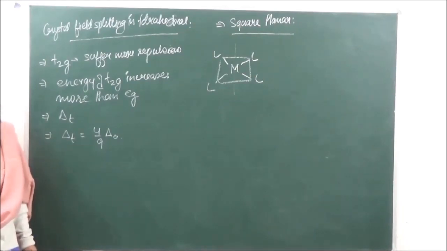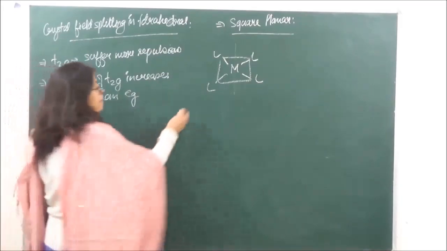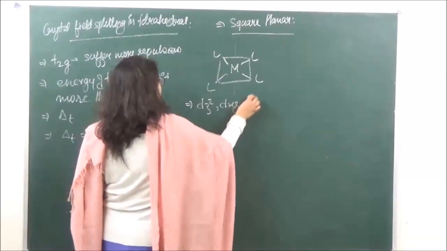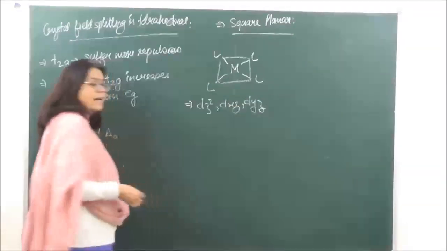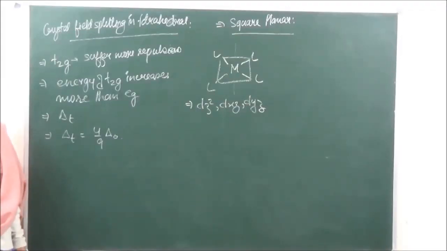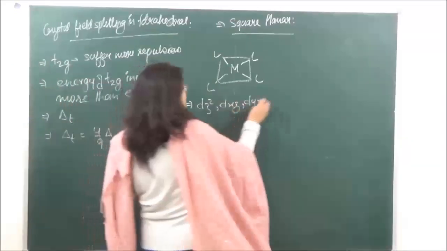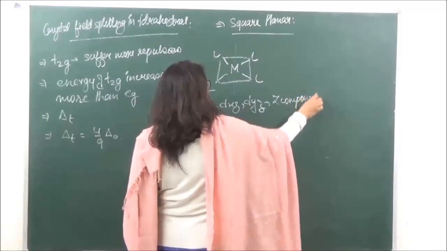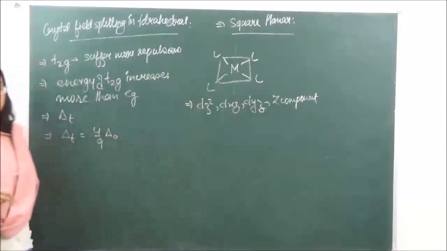Because of this, dz square, dxz and dyz, all of these 3 orbitals are going to have only one z component, which is going to be more stable.